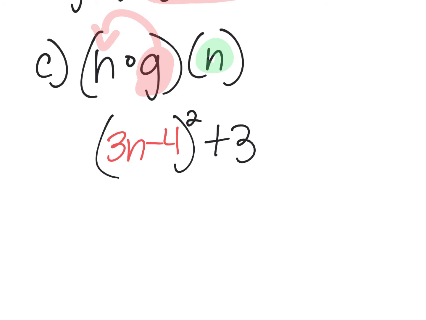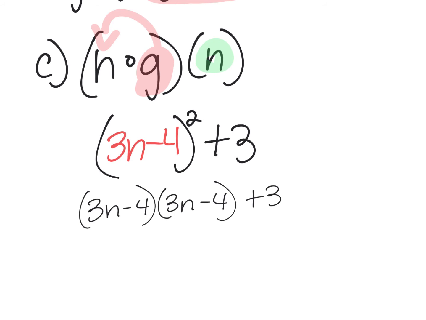Since this is a binomial, we're going to have to rewrite this as 3n minus 4 times 3n minus 4. And then bring down that plus 3. And the only reason I did that is because it's a binomial. I can't just square it straight up as we normally would.